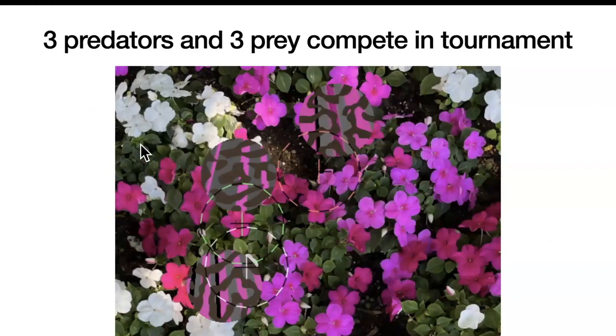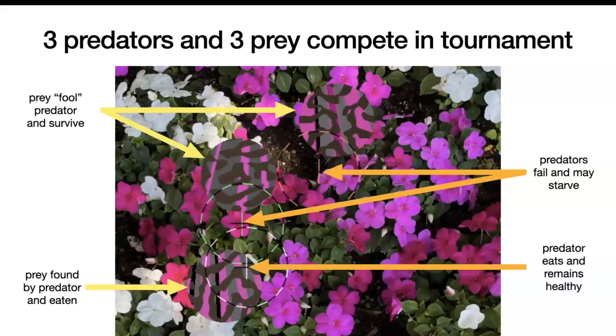here we see a tournament between 3 prey and 3 predators. In this case, the predator has predicted this position, this crosshair, and in fact, that is one of the prey. So the important thing for the simulation is that the predator has chosen a position inside the body. The prey is eaten, and that predator gets a meal.